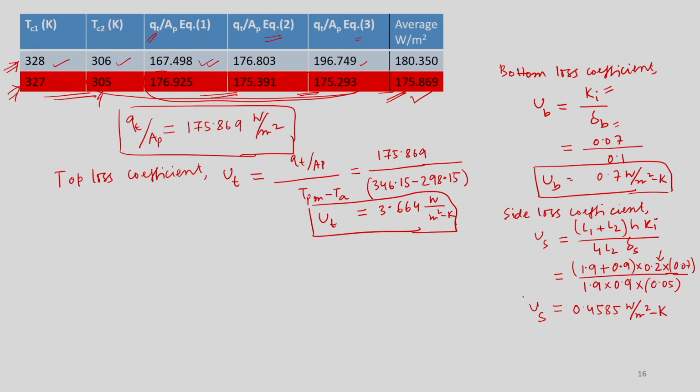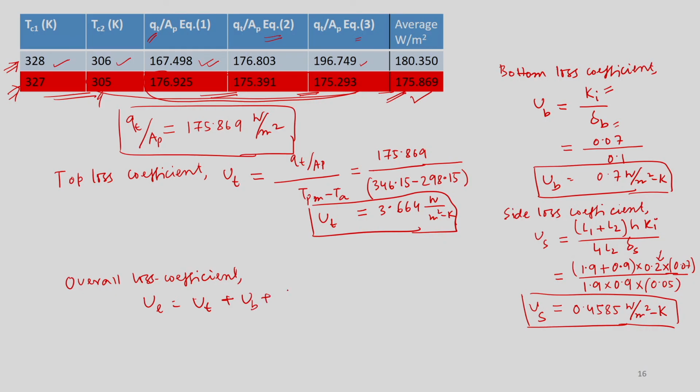So, as we know, the overall loss coefficient can be defined as UL is UT plus UB plus US.